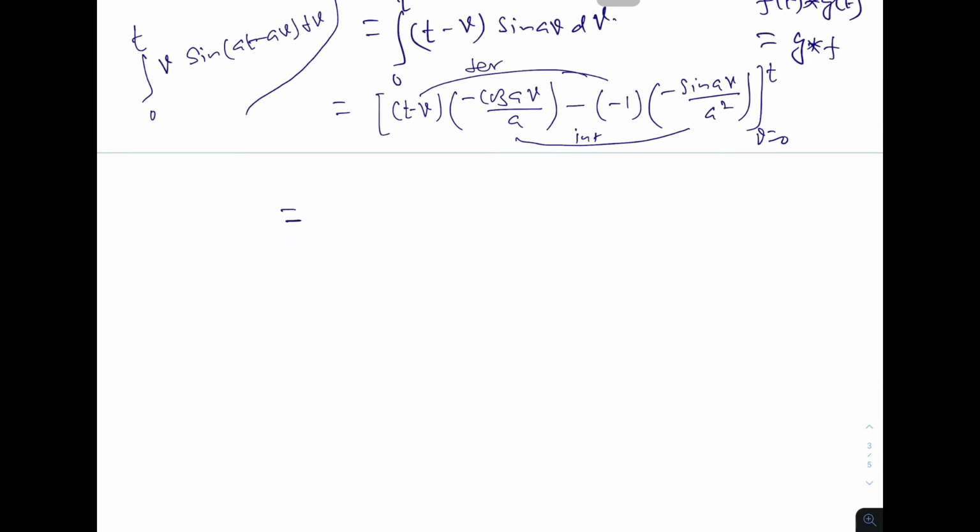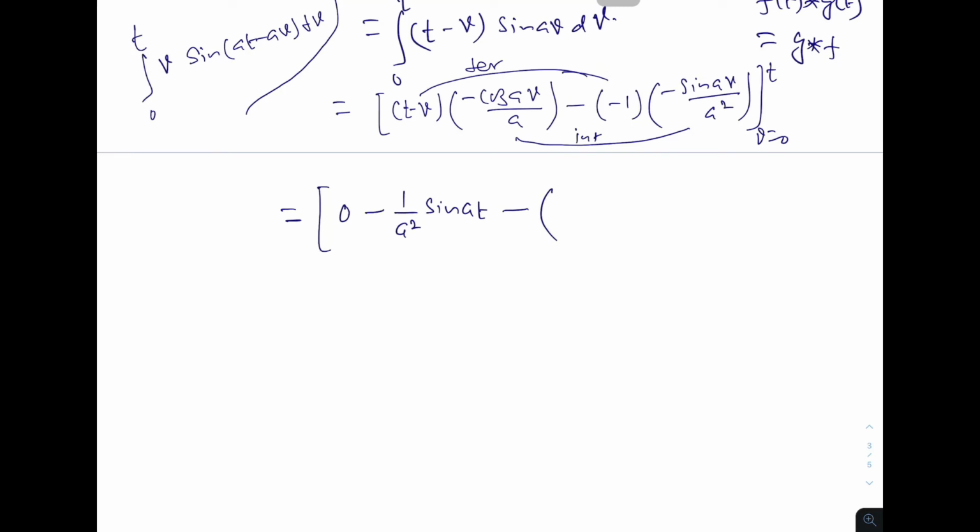So now we take v equal to t. If I take v equal to t here, this will be 0. Now taking v equal to t here, this is minus, minus, minus, three times, so that is minus 1 over a squared sin at. Then minus the value at v equal to 0.